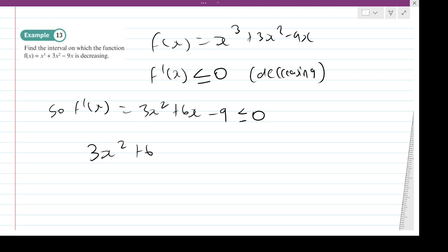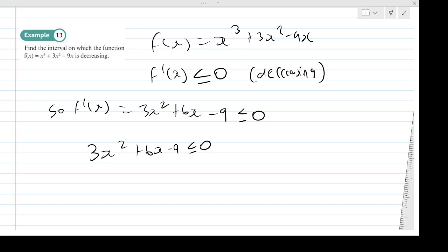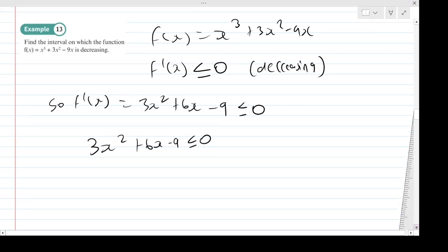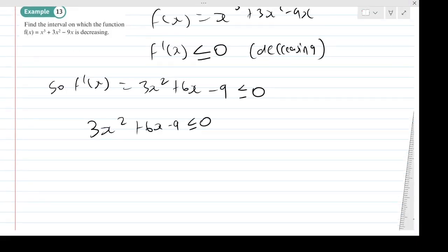3x squared plus 6x minus 9 is less than or equal to 0. So firstly, I can just divide by 3, because all the terms have a 3 as a common factor, just to make it easier, right? So then x squared add 2x minus 3 is less than or equal to 0. Okay, so now we want to find my critical values, right?